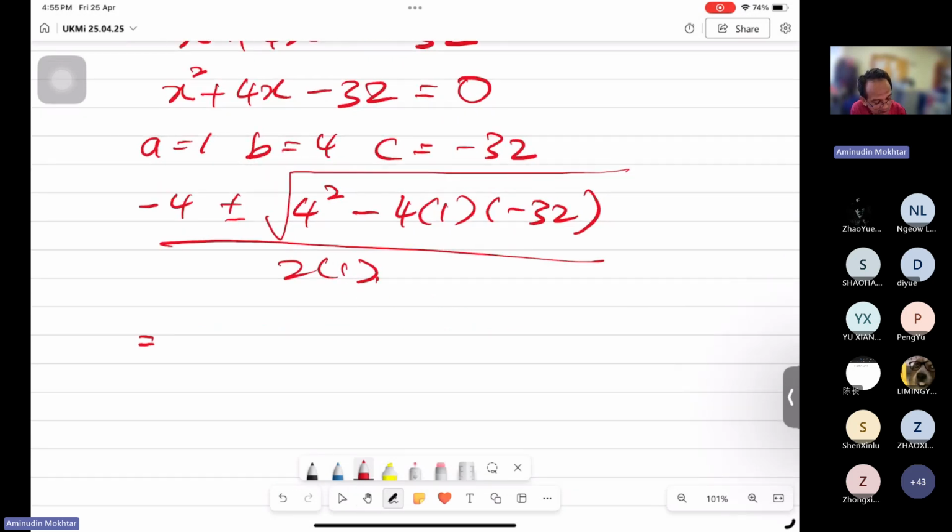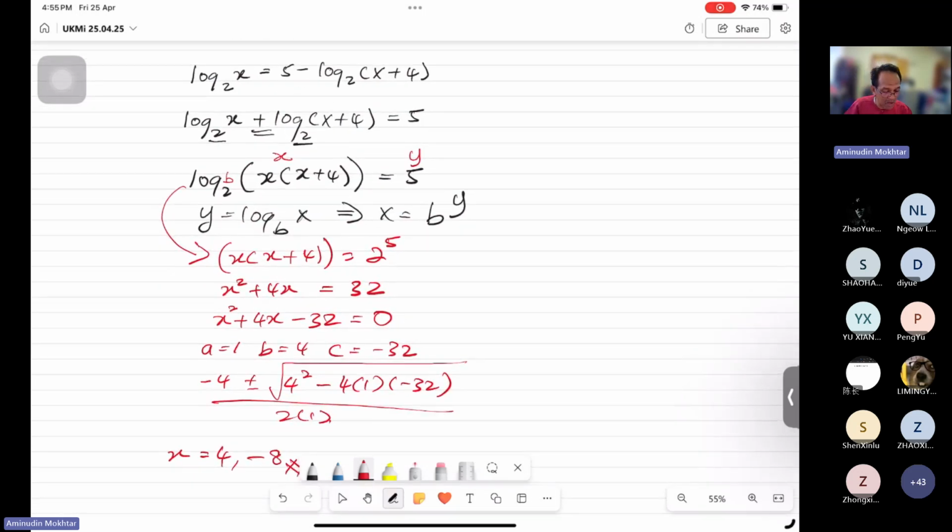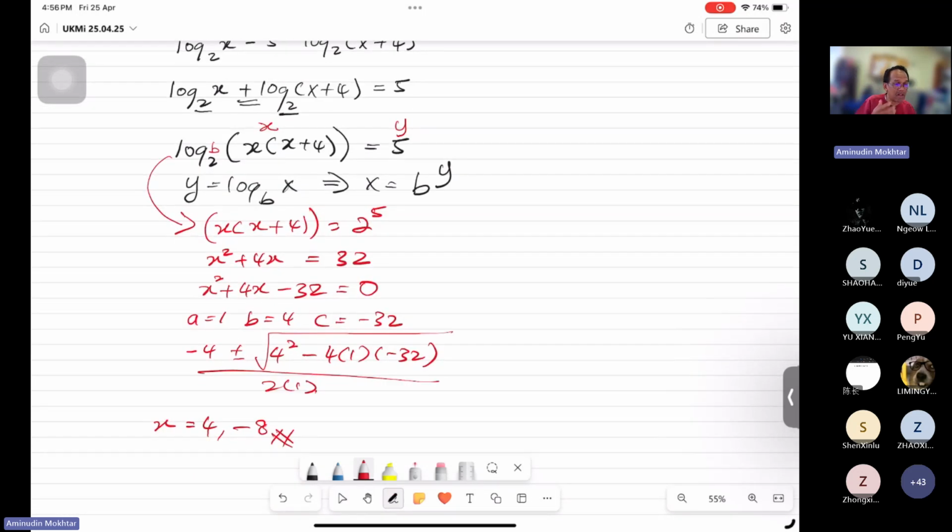You can get x equal to 4 and negative 8 for the answer. That's how we can relate the log and the quadratic, because we have a quadratic equation here. When we want to solve for x, we need to use the quadratic formula.